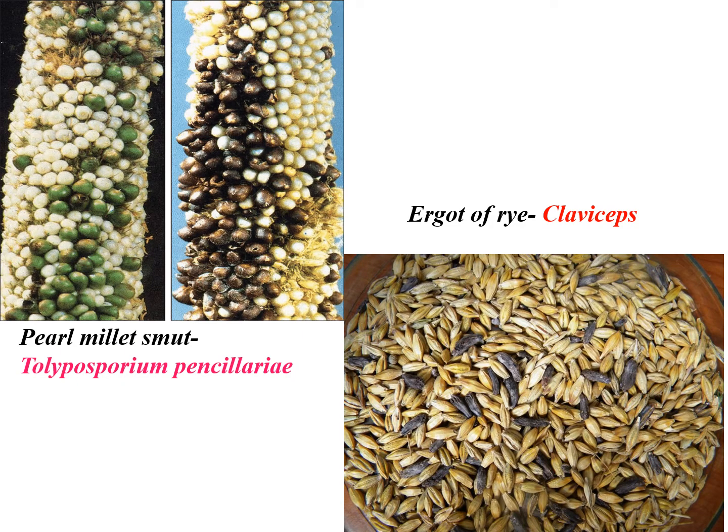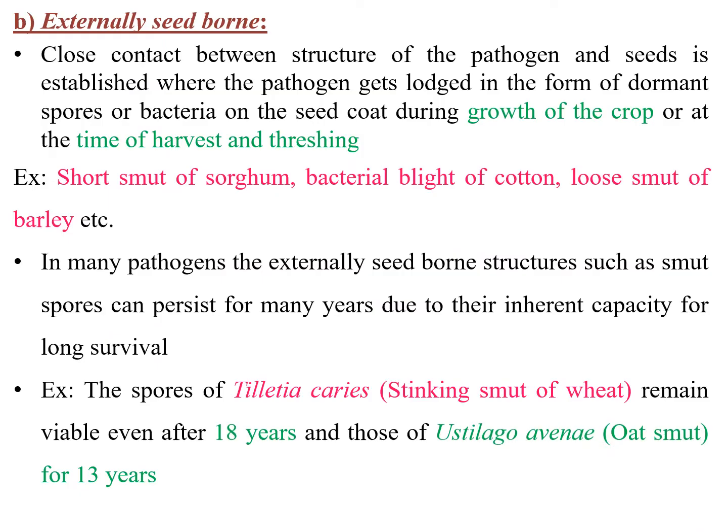Here in this picture, this is the smut-infected pearl millet, where both are the same size, and during harvesting and threshing they mix together and are difficult to separate. Here also we can see Claviceps-infected sori mixed with the rye, that is ergot-infected rye, where it is difficult to separate manually. Even with machines it is difficult to separate.